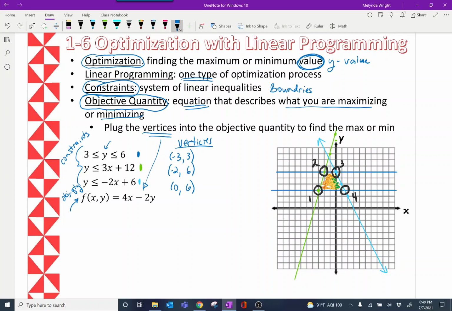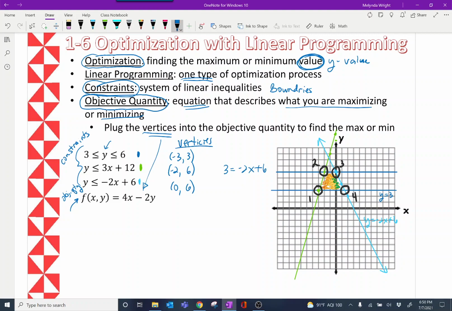So let's remind ourselves, this dark blue one was y equals 3. And this light blue one, since it's the actual line, is y equals negative 2x plus 6. So we need to take those two equations and set them equal to each other. So basically we would have 3 equals negative 2x plus 6.